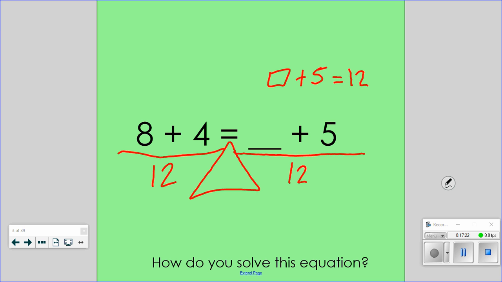And I have a balanced equation. 8 plus 4 is equal to 7 plus 5. Those are two different expressions. They don't look the same. They don't taste the same. They don't smell the same. But they have the same worth or value. Michael?